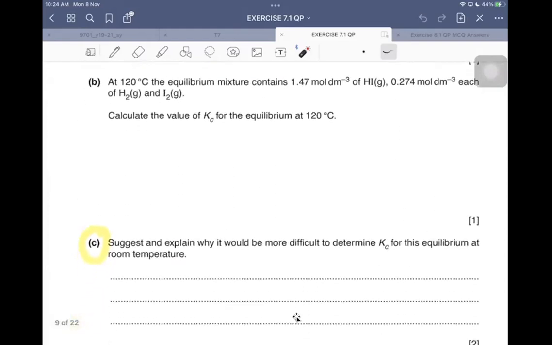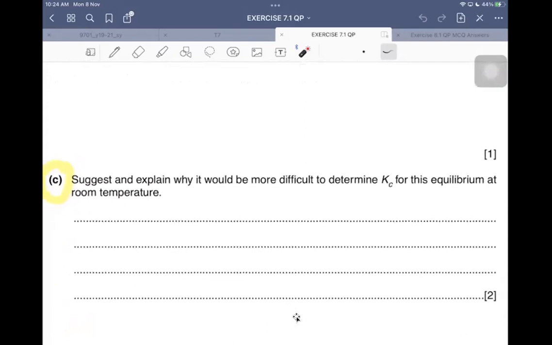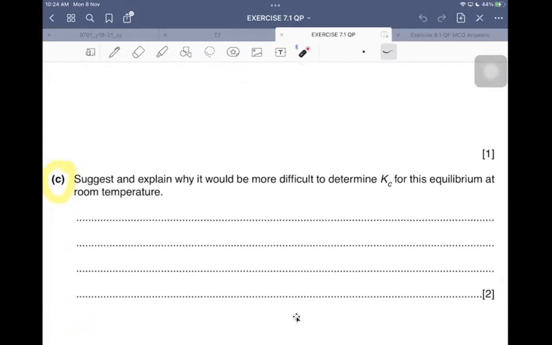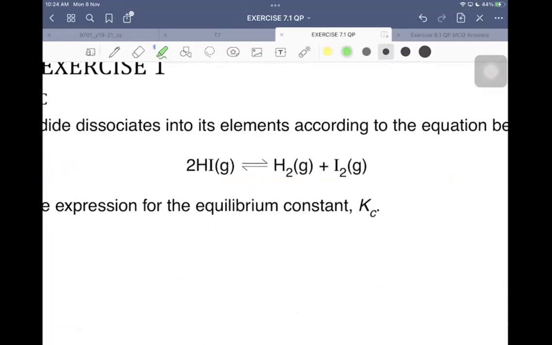Okay, I would just like to go to part C. Suggest and explain why it would be more difficult to determine Kc for this equilibrium at room temperature. Hint. Something will change the state at room temperature, and that something is iodine. Okay, iodine is a solid at room temperature.